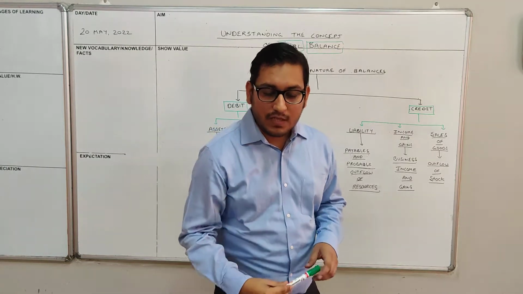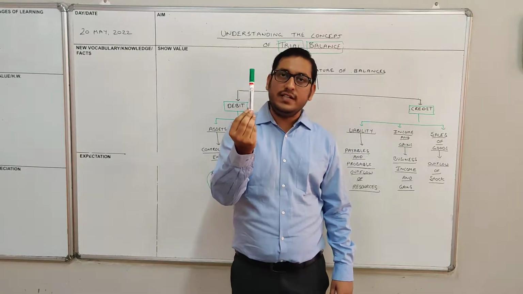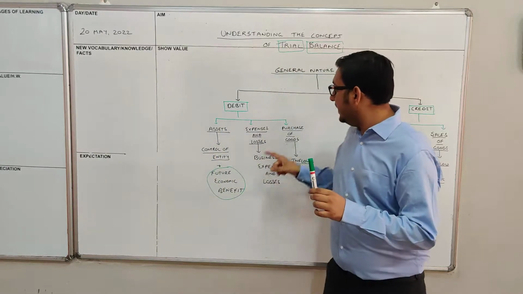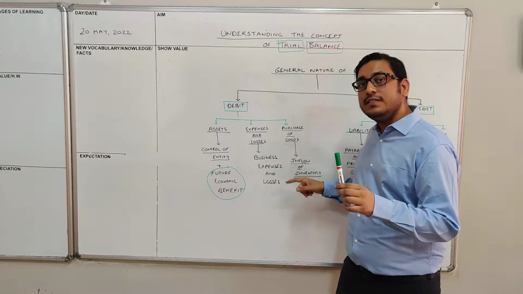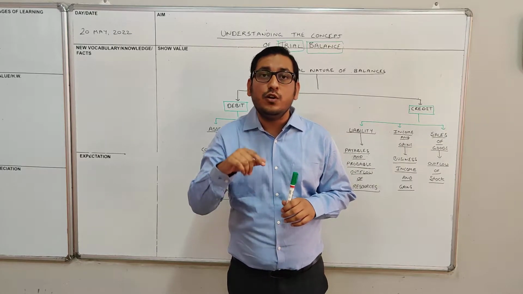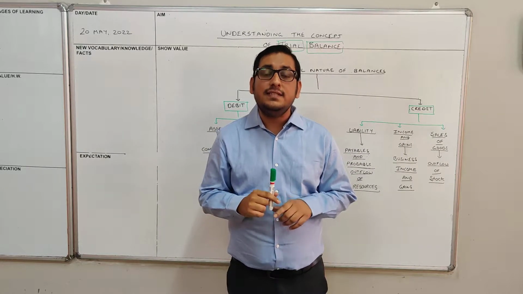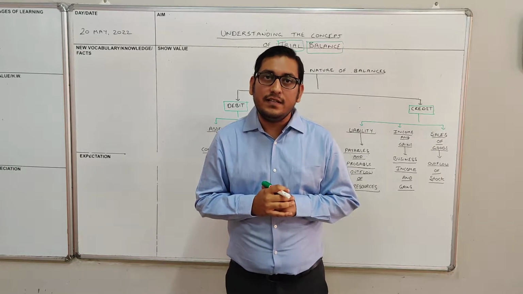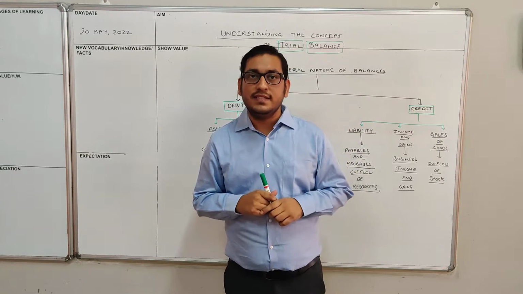For example, if I purchase this marker on credit, what entry will I make? Purchase account debit. That means purchase of the goods will always be debit, and no outflow of resources I have made. That is, I have not paid any amount. That means I will have to credit the personal account of the person from whom I purchased the goods.